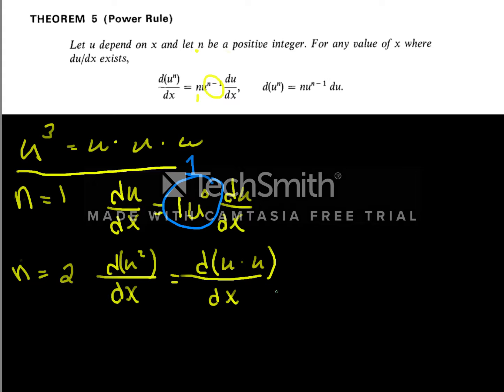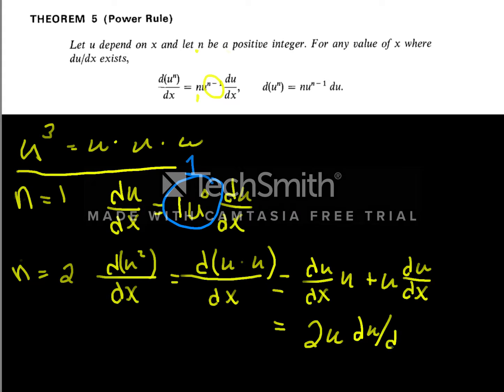And using the product rule that we proved in the previous theorem, this is du/dx times u plus u du/dx, which I can rearrange as 2u du/dx. And so, just like the rule says it should, the exponent came down to become my coefficient, and the degree of my function went down by 1, from 2 to 1.